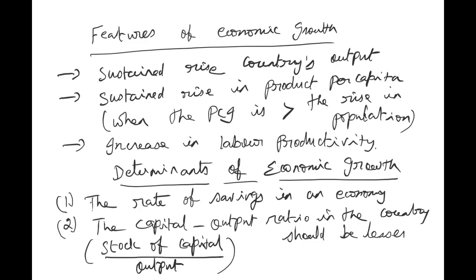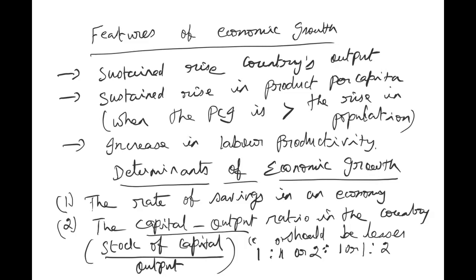See, for example, a country can manufacture 1 unit of output with 1 unit of capital. So this is capital and this is output. Okay. So a country can manufacture 1 unit of output with 1 unit of capital, or a country can manufacture 1 unit of output with 2 units of capital, or a country can manufacture 2 units of output with 1 unit of capital.